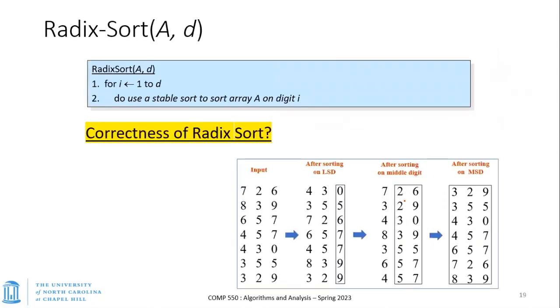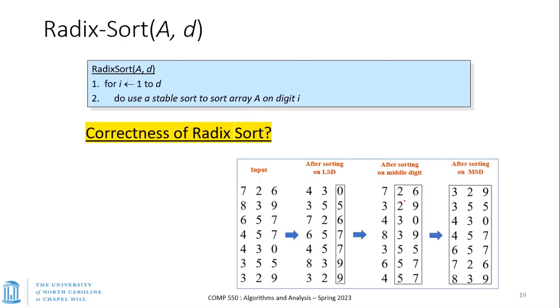What about correctness? Do we really need an algorithm for figuring out the correctness, or is it almost trivial? It's kind of obvious. Nishit had an argument, and that actually suffices for most purposes.